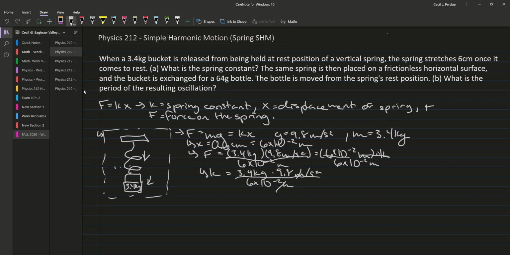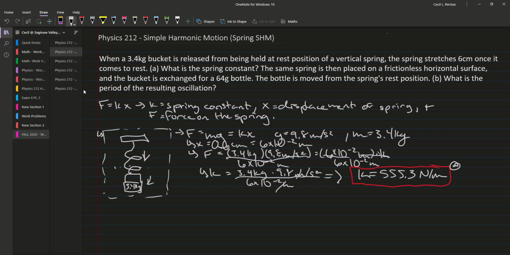Cancel those, and if you multiply it out with the calculator, k is equal to 555.3 newtons over meter. And that's for part A.